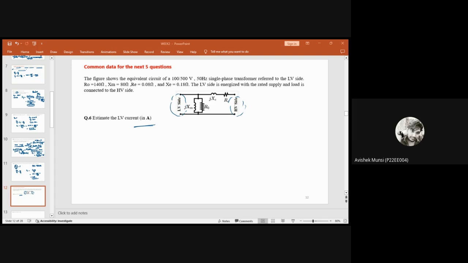Nitish, can you explain it in math? Nitish, you can unmute and say what your query is.